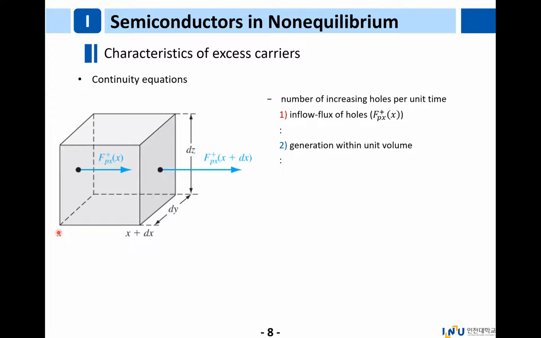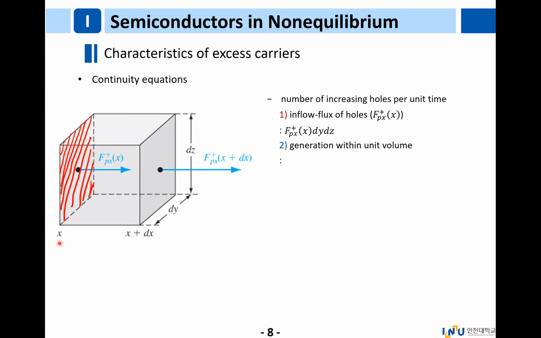Consequently, the number of holes flowing into the unit volume dx dy dz per unit time is given by Fx dy dz, considering the hole flux multiplied by the cross-sectional area dy dz at the x location, only for this x location.